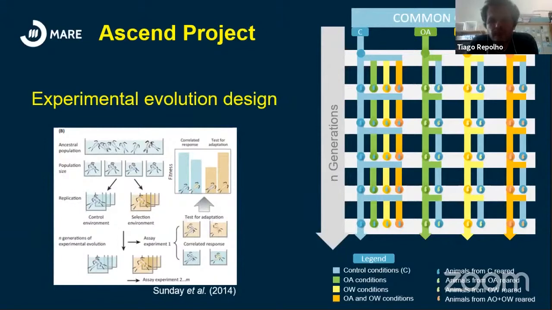Subsequently, the idea is to replicate that common population into different lines. In this case, the control one, the ocean acidification, the ocean warming, and the combination of ocean warming and acidification. And at specific times of this experiment, we performed reciprocal assays where we test for adaptation and check the response of all the treatments in relation to each other.